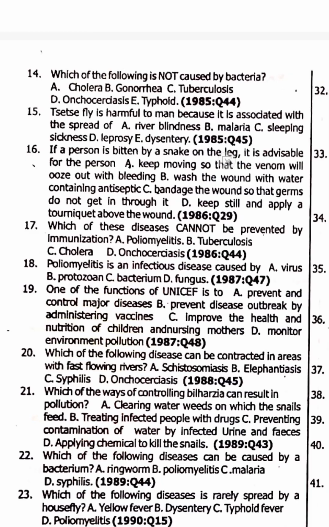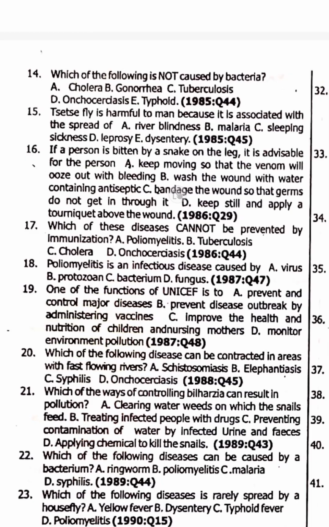Number 17. Which of these diseases cannot be prevented by immunization? You cannot prevent it by immunization. That one is caused by the black fly. Option D, onchocerciasis.